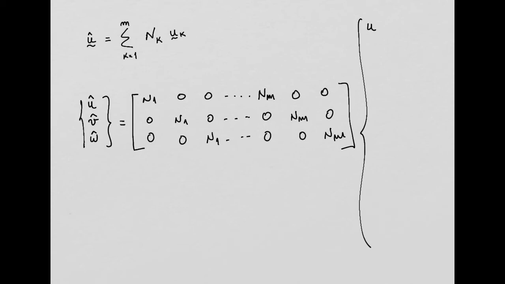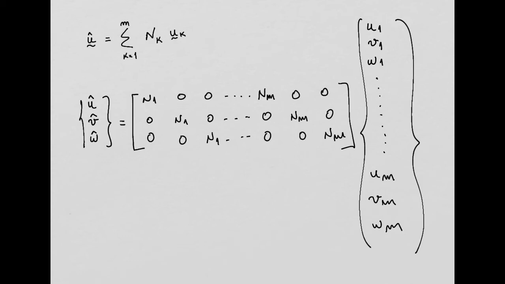So this is going to be the displacement in the x direction for node number 1, so degree of freedom u1, displacement in the y direction for node number 1, displacement in the z direction for node number 1, and then it goes all the way, and then you get displacement in the x direction for node M, displacement in the y direction for node M, displacement in the z direction for node M.